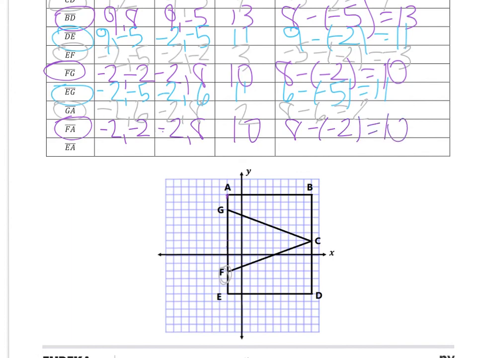Are you ready for our last one? EA, E all the way up to A. So E, negative 2, negative 5, A, negative 2, 8, giving us a whole distance of 13. And our last proof, because 8 minus negative 5 equals 13.